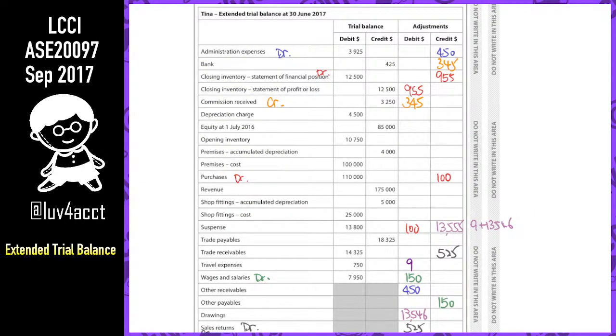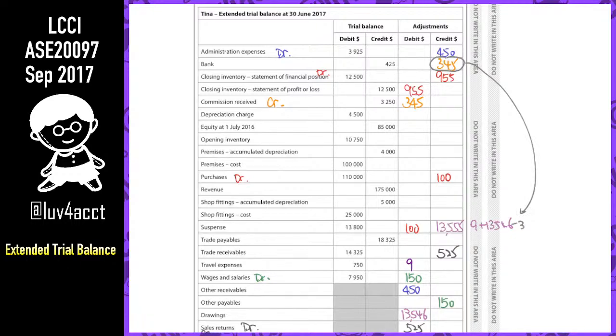There's one thing we need to check, that is the suspense account. It cannot balance, so there will be one item that needs adjustment, and we have to find out how much first. So 13800 plus 100 minus 13555. Remaining balance 345 credit. So I would say this one would go to here.